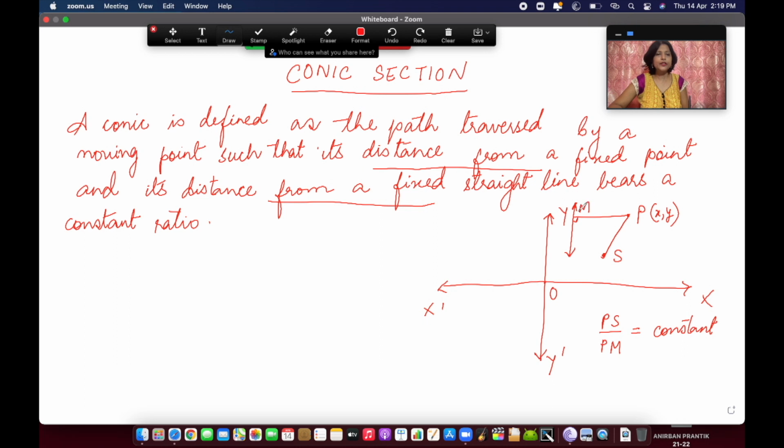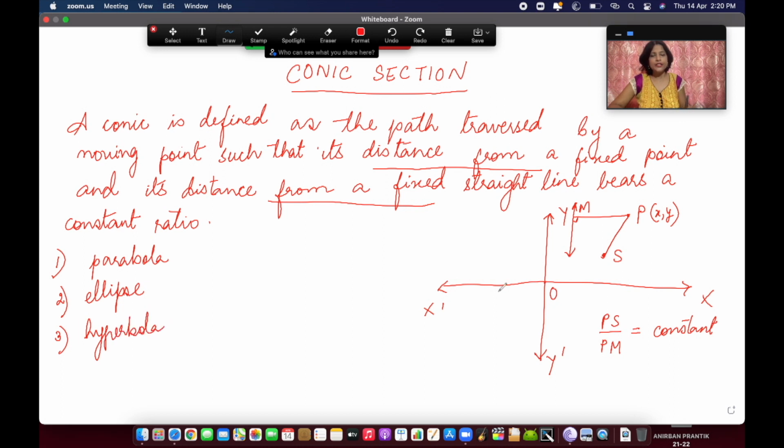Now here we are going to deal with three different conics. The first is parabola, next ellipse, and the third one is hyperbola.